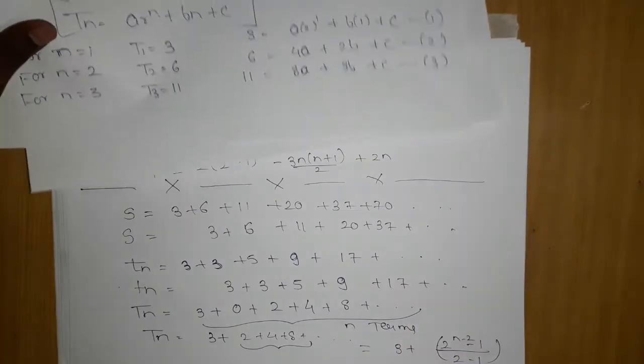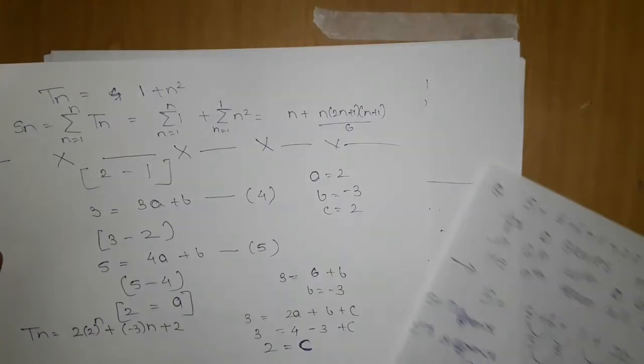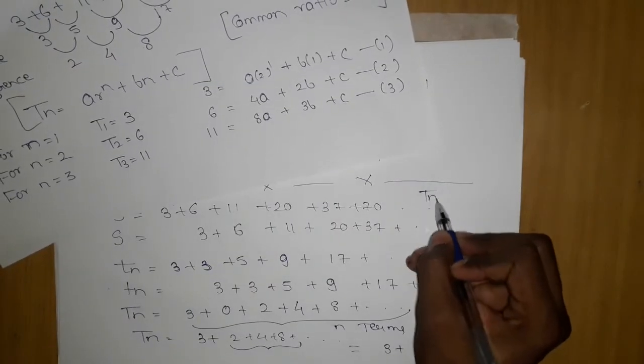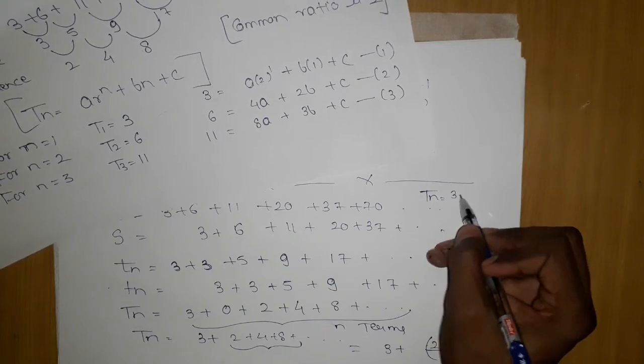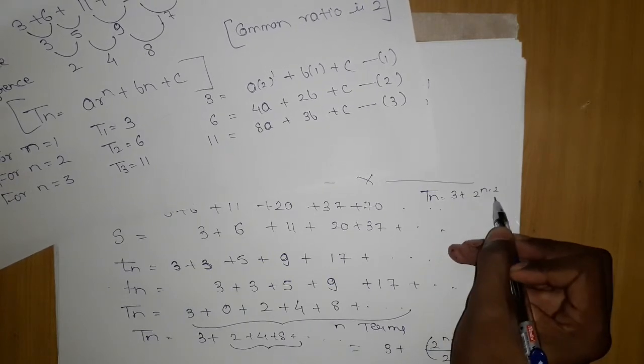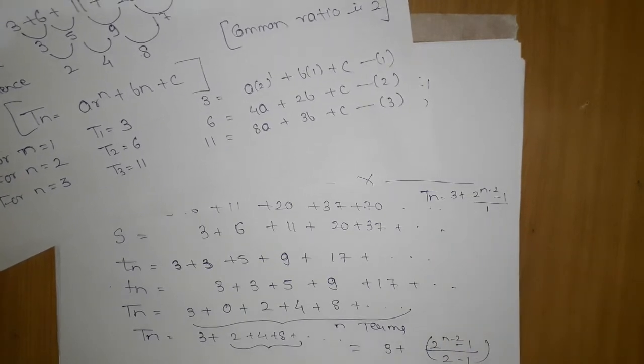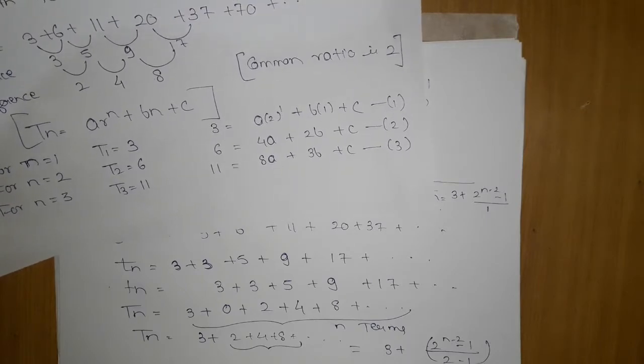Which will give me my Tn as Tn equals 3 plus 2 to the power n minus 2 minus 1. Here will be 1. So this is our answer.